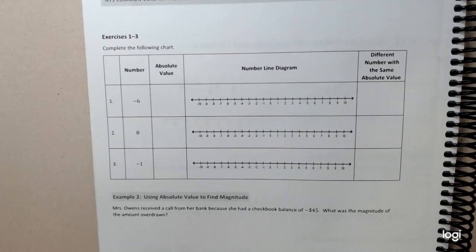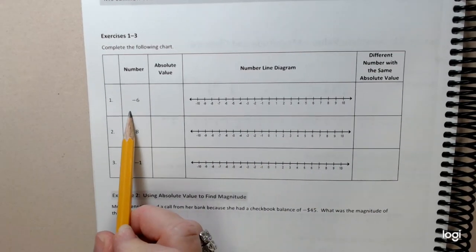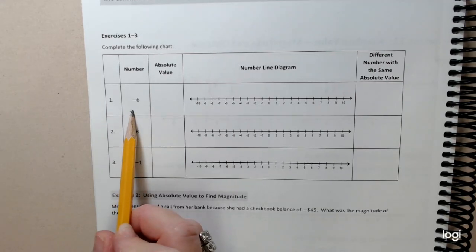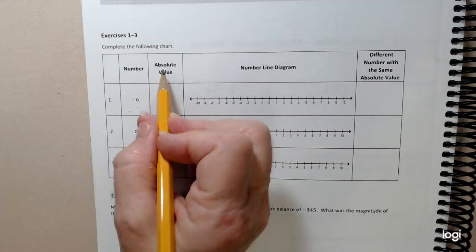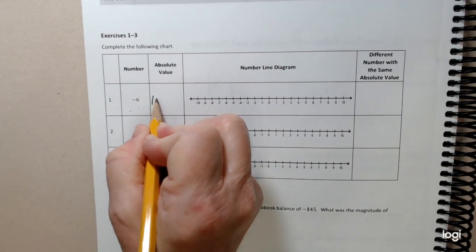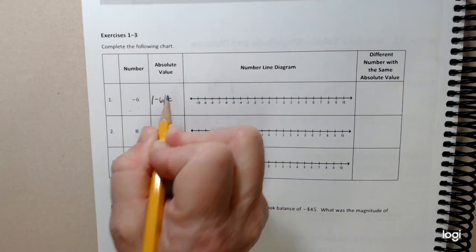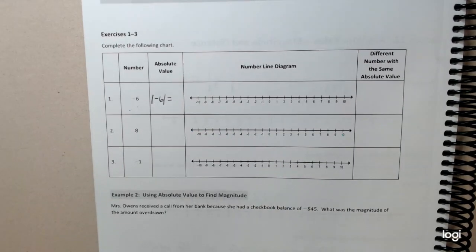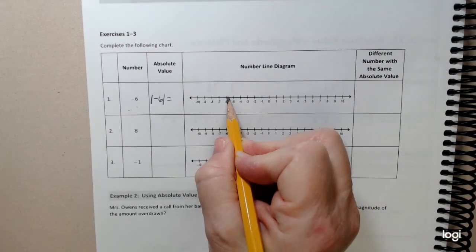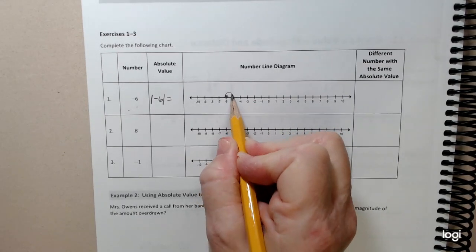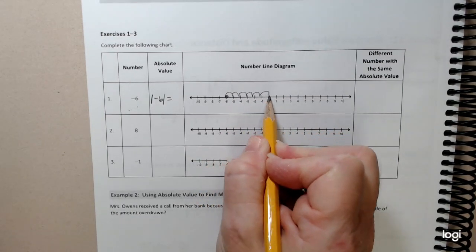Okay, so we're going to do a little bit more practice here. We have here the number 6. If I want to know the absolute value of 6, and I plot the negative 6, how many places away is negative 6 from 0?